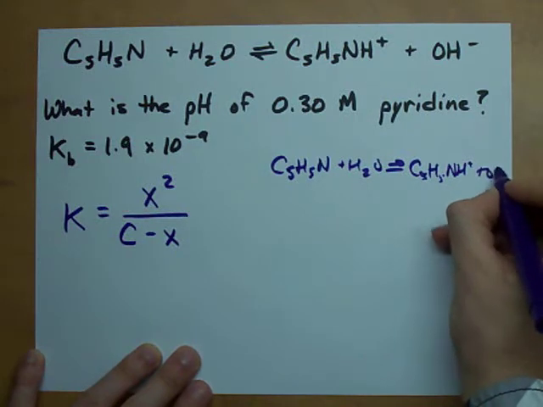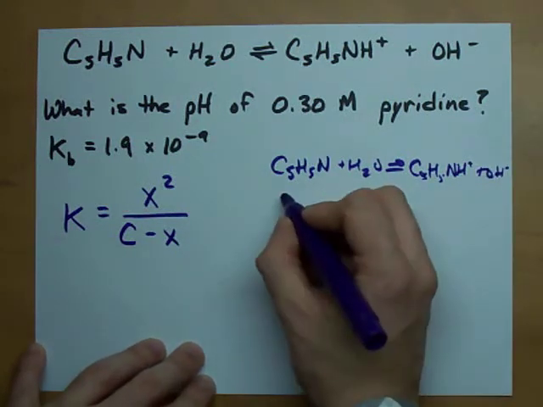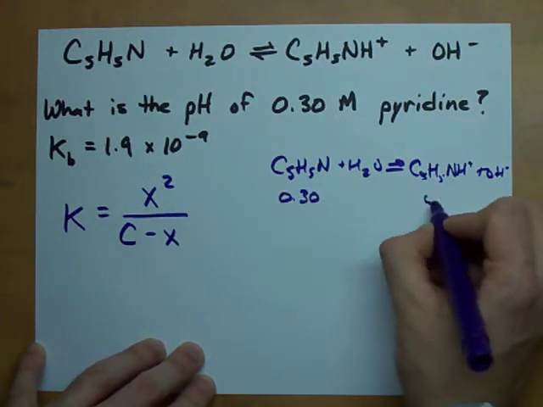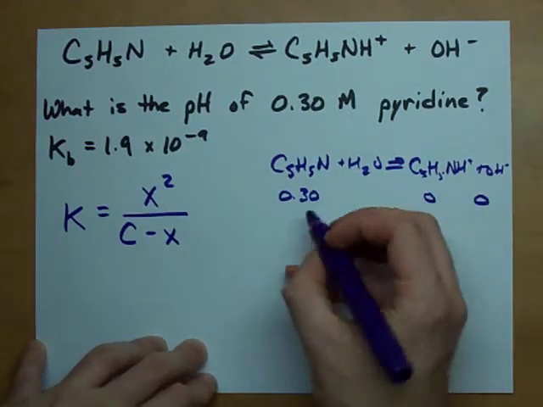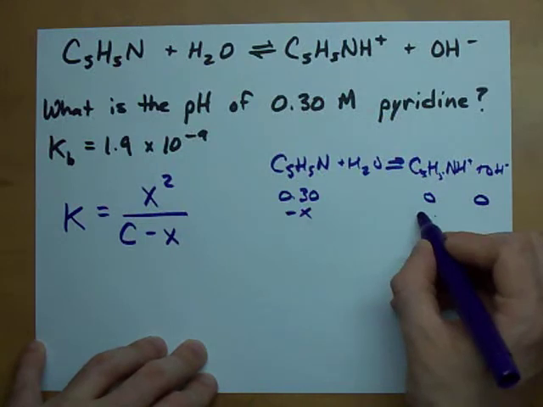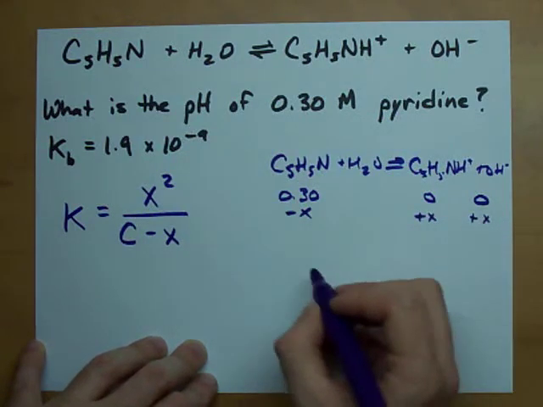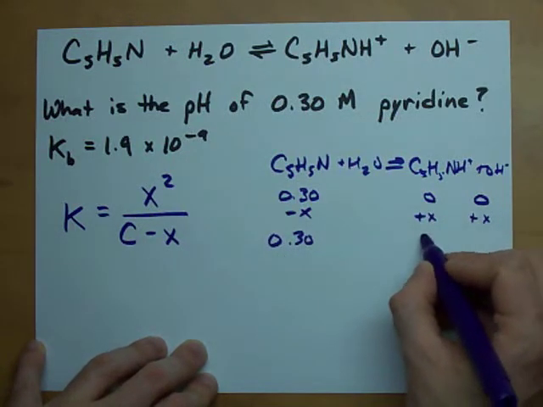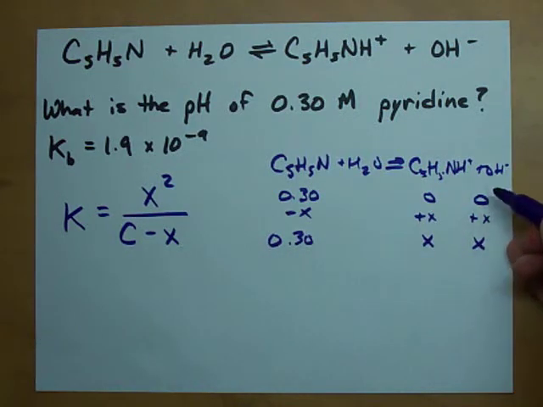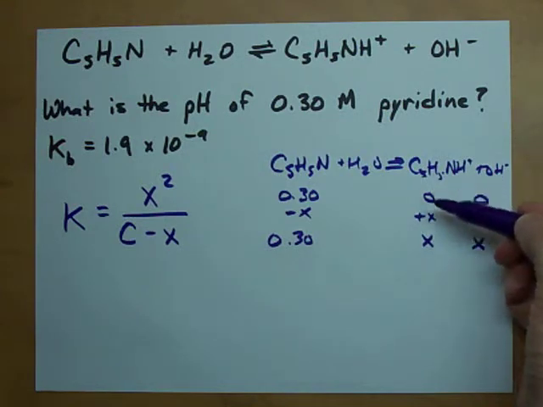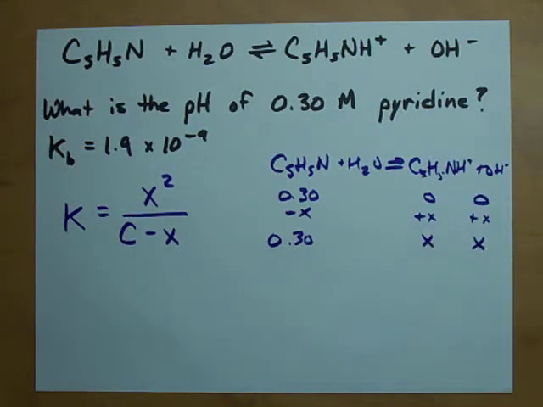C5H5NH and OH minus, our initial concentrations would be 0.3 for the pyridine and 0 across the board. We'd be losing pyridine, gaining the conjugate base, and we'd have these concentrations at equilibrium, where X is the concentration of OH minus and of the conjugate base.